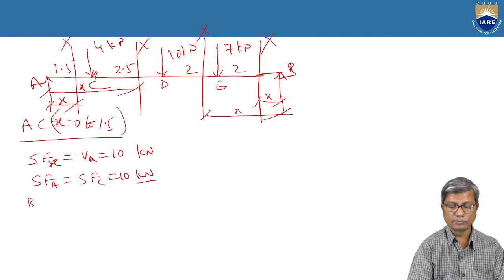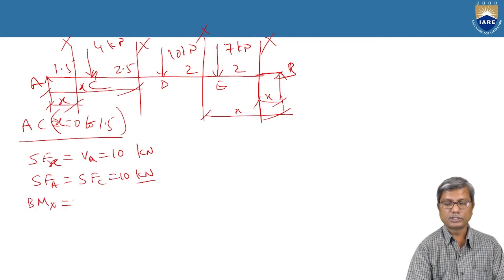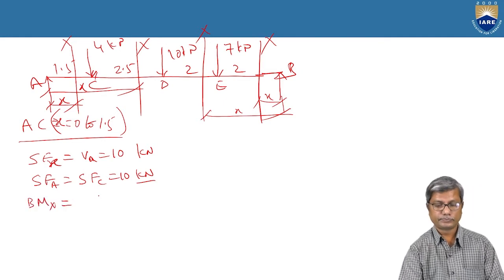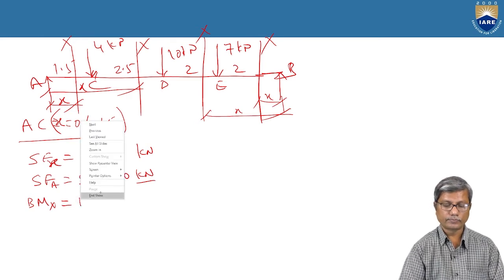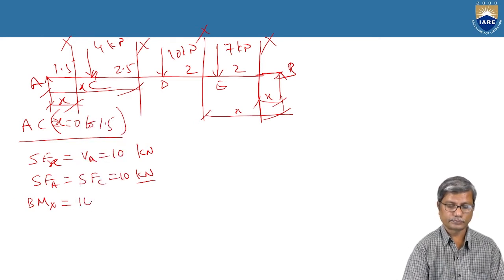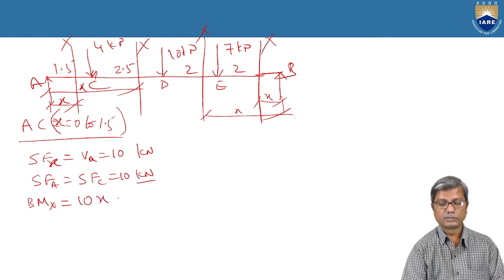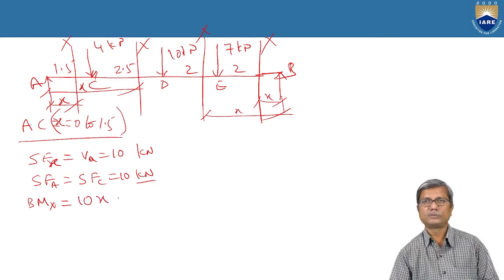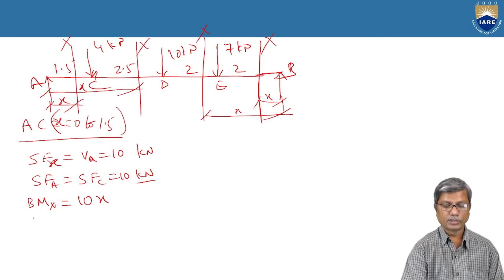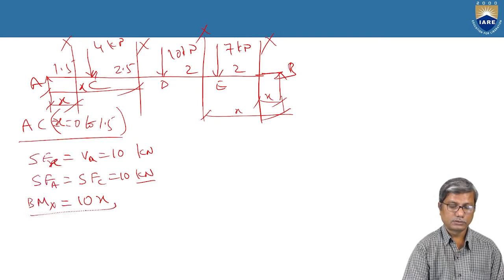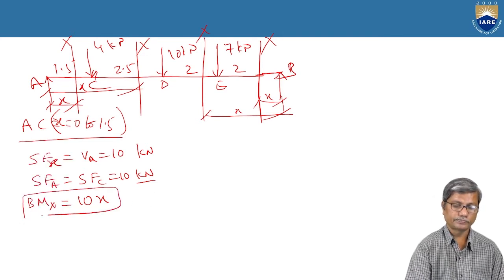Coming to bending moment, what is the bending moment at X? It is VA into X, that is 10 into X, and it is positive because it is a sagging moment. So what are the limits now for x?